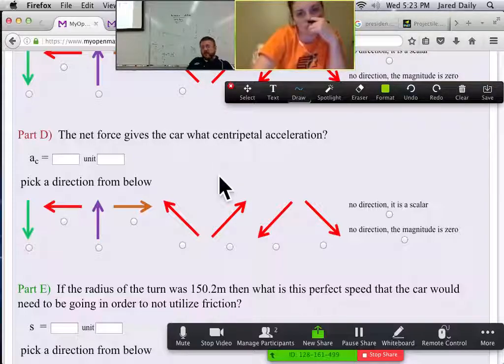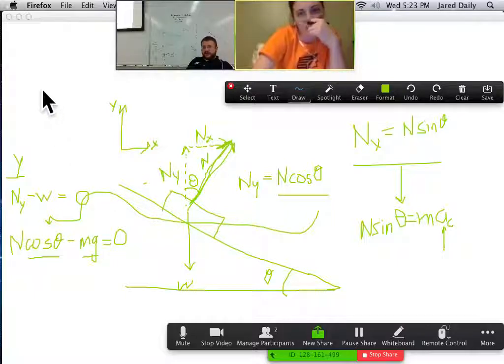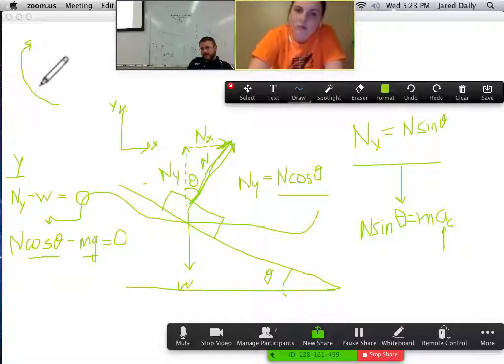So if you're turning around, let me show my whiteboard here. If this is the circle that you're turning around right here, and that's the direction that you're turning, here's the center of that circle. Your centripetal acceleration will always point towards the center of that, no matter where you are. Does that make sense?